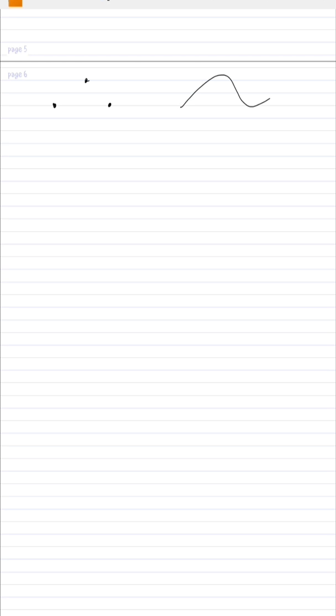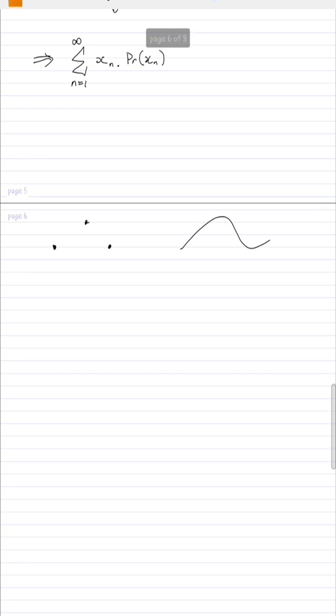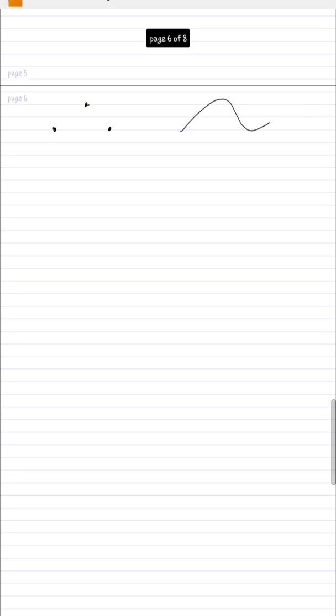And since we can't use the summation on continuous events because it goes infinitely small, the equivalent of the summation sign in continuous functions ends up being the integral.